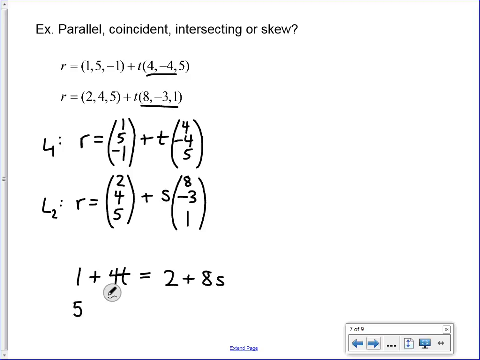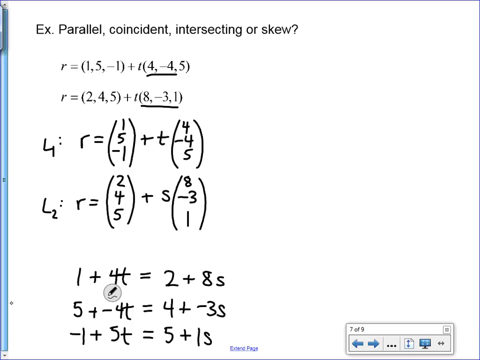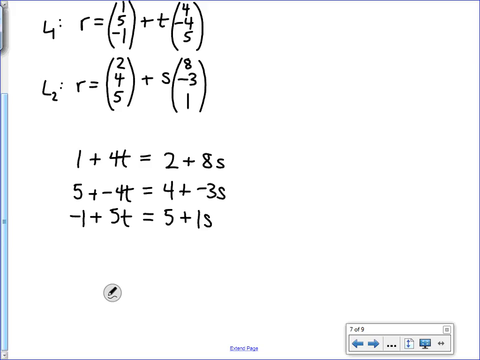For the first line, that's 5 plus negative 4t. And for the second line, that's 4 plus negative 3s. And for the z component, trying to be really careful in setting these up. Okay, so there's our three equations that we're going to use to solve to see if these things are intersecting.